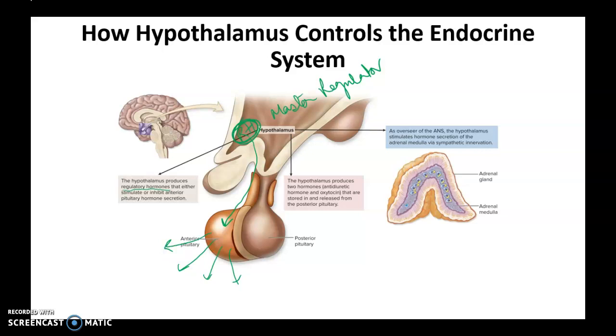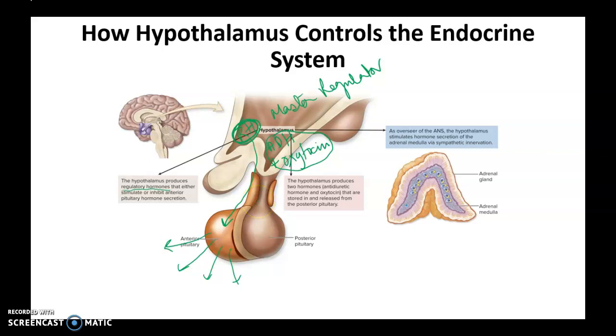The second regulation is that the hypothalamus produces two hormones. These are ADH, or antidiuretic hormone, and oxytocin. These two hormones are produced in the hypothalamus, and then they are transported by axons of some neurons, but let's not go into those details.